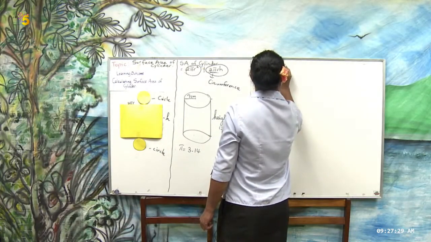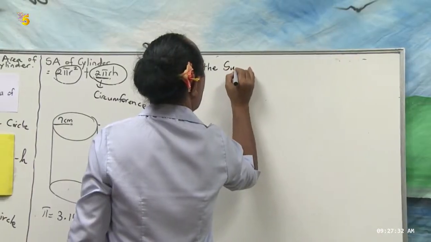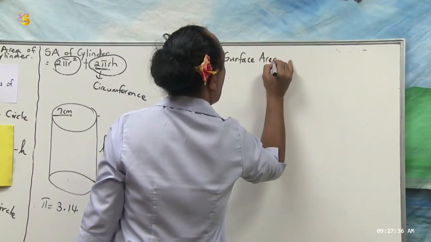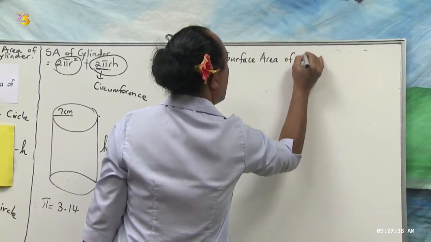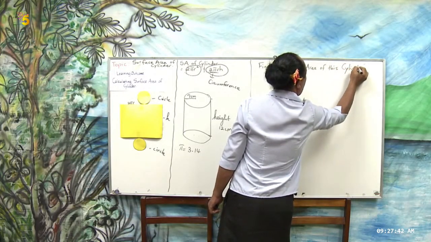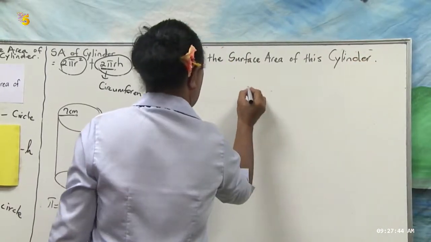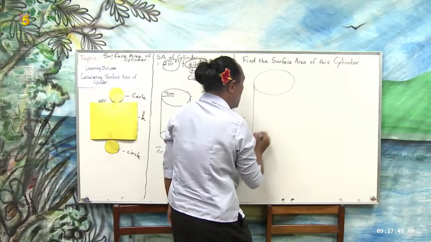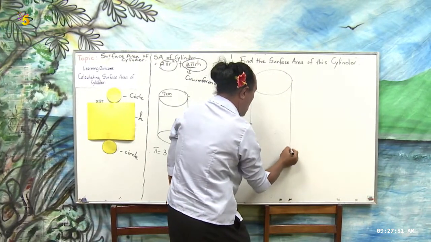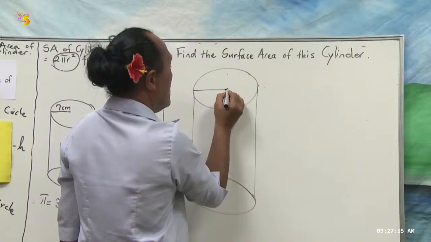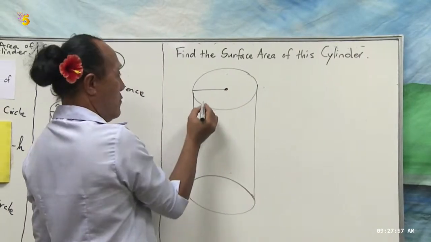Find the surface area of this cylinder. Okay, find the surface area of the cylinder. So this is our cylinder. Okay, this is what we call, children, the radius.